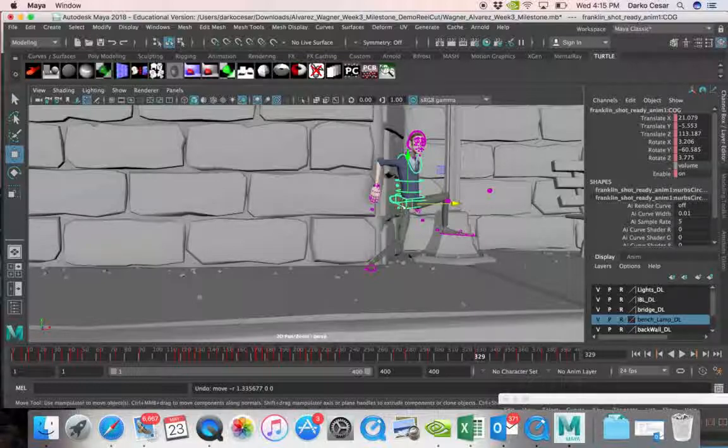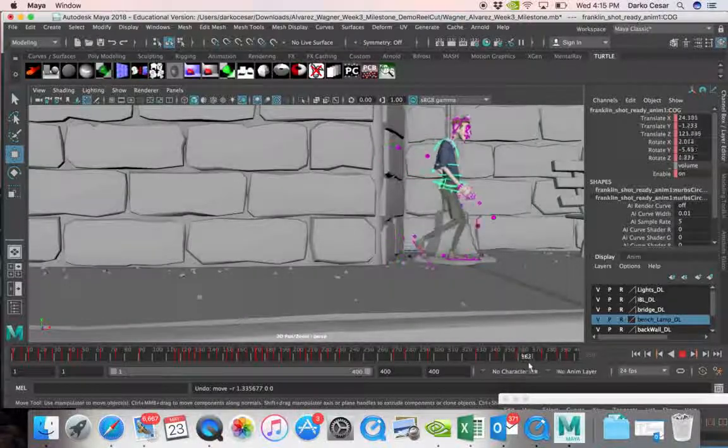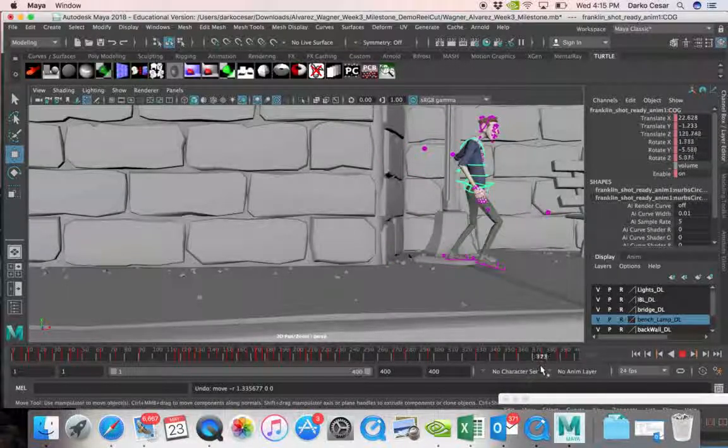Or if you start with the hips, then it goes up the spine and finally the head. Not like this. And then the foot is supposed to go down nicely and has to contact with the heel. There are no down poses.